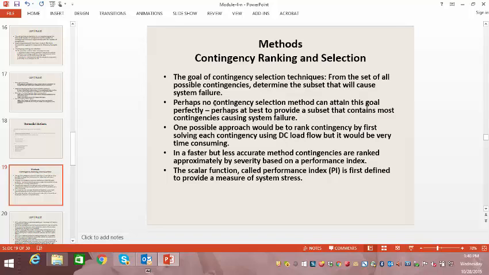Perhaps there is no contingency ranking and selection method which can do this job perfectly. The only method which can do the job perfectly is exhaustive enumeration, but that's not feasible for systems of any real size.